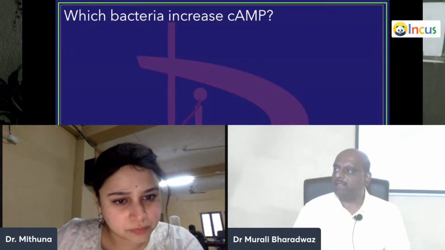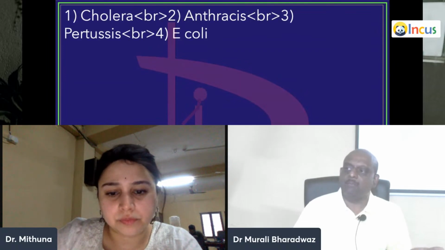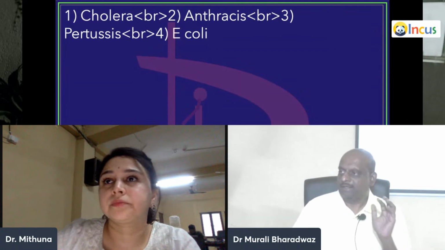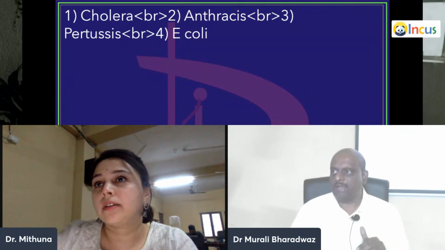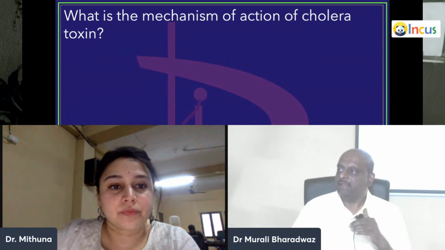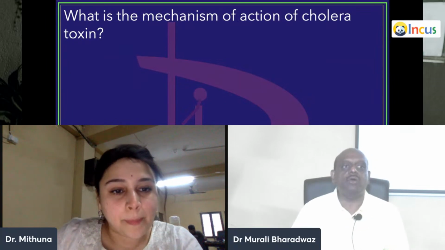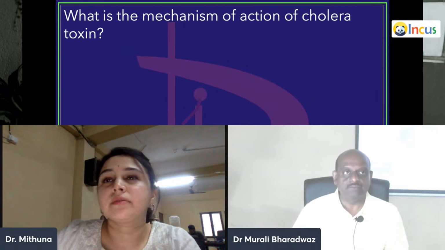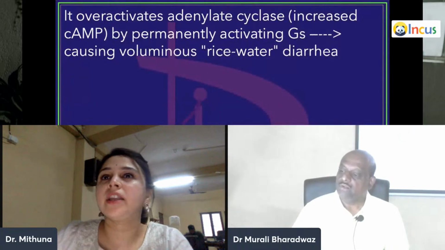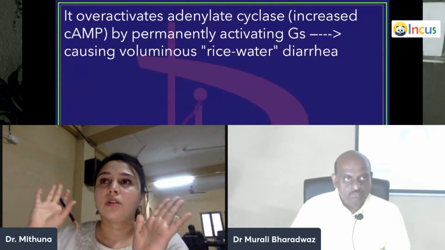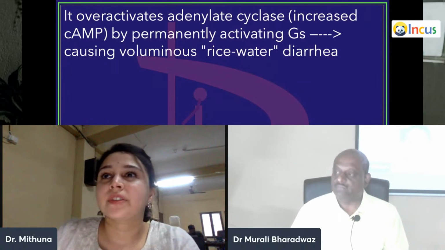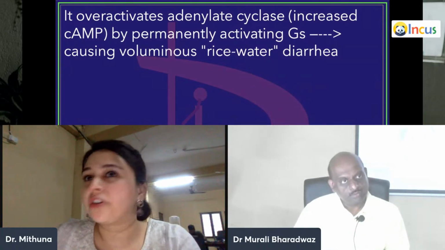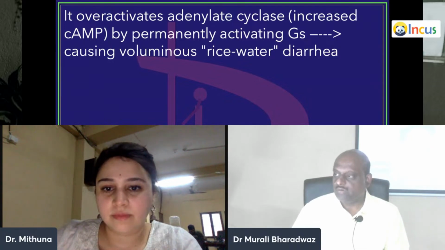Now, what are the bacteria that increase cyclic AMP? Also we discussed. Cholera, Anthracis, Pertussis, E. coli. Then what is the action of cholera toxin? Very good.